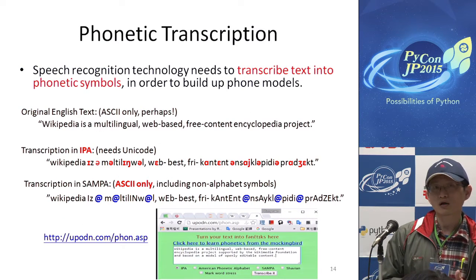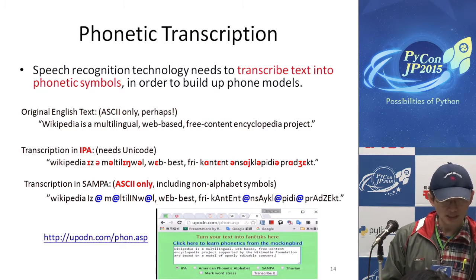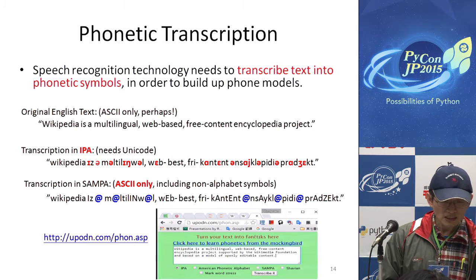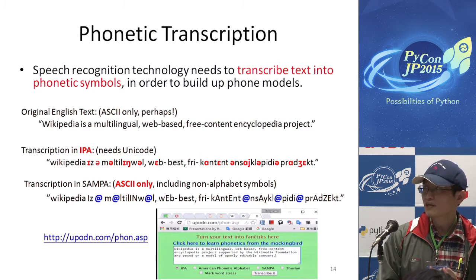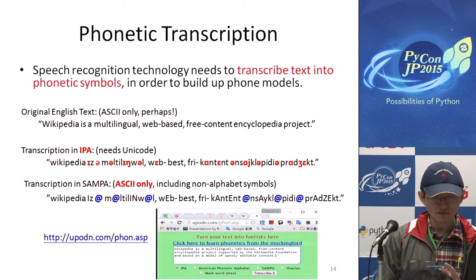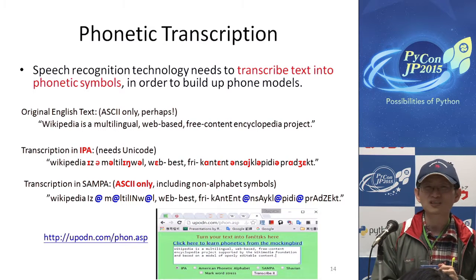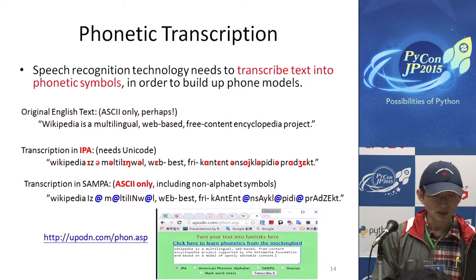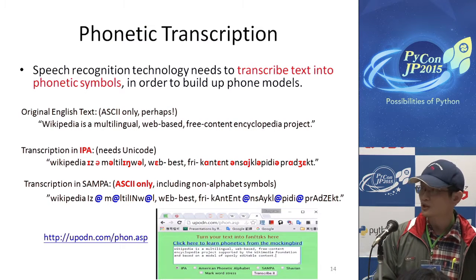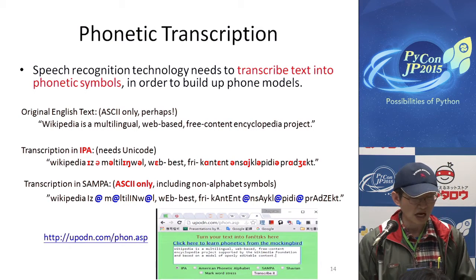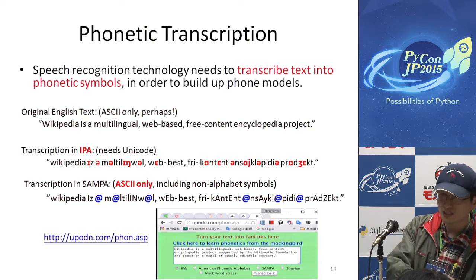Okay, the second part is the really technology-intensive part. We need to do word level transcription, word level alignment. First of all, we need to do something that is quite common in the speech recognition field. We call it phonetic transcription. By phonetic transcription, I mean that we put in a normal text.